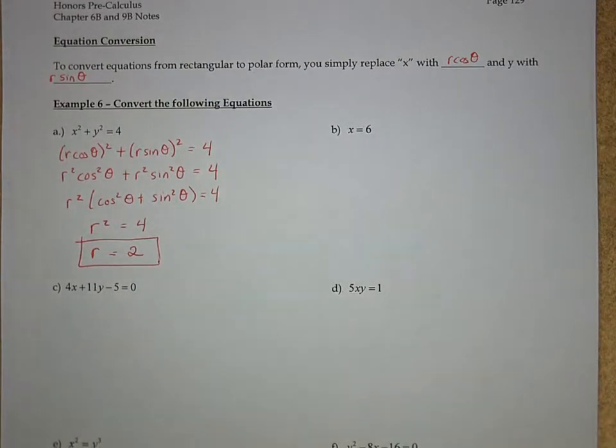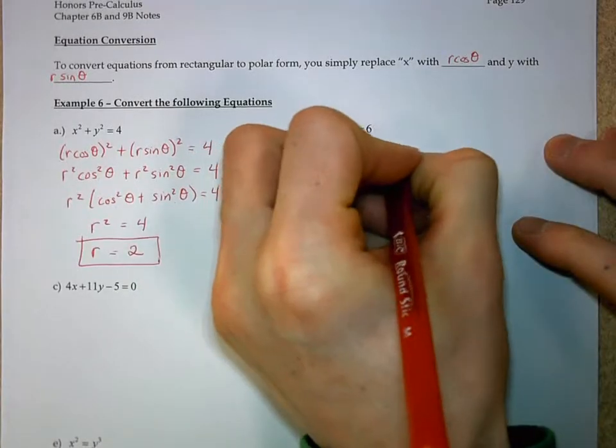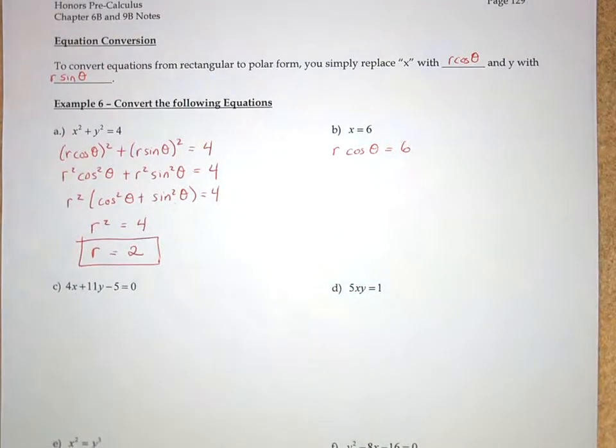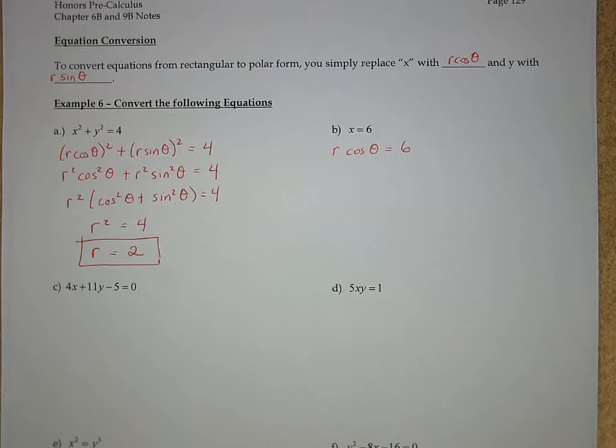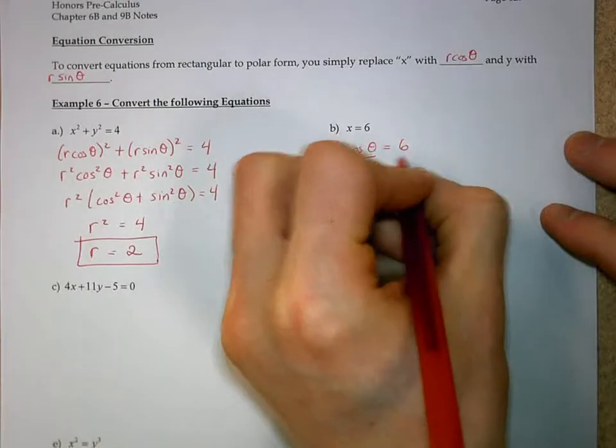The second one, x equals 6. Well, x equals 6 we know is going to be a vertical line. But what does that look like in polar coordinates? So we know x is the same thing as r cosine of theta is equal to 6. And from that point, we can divide both sides by cosine of theta.